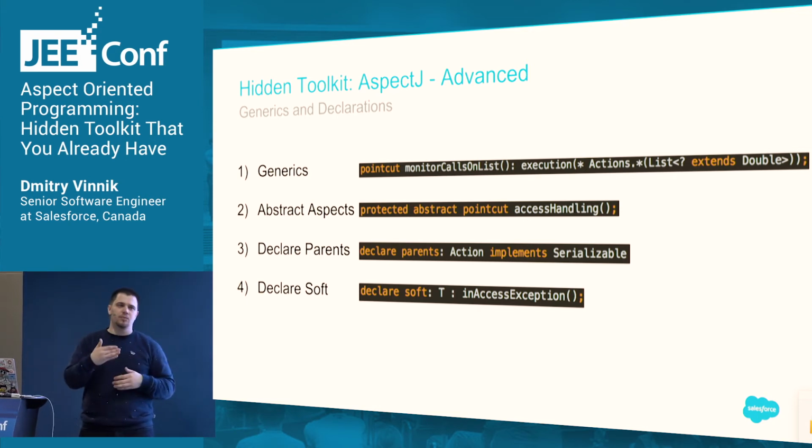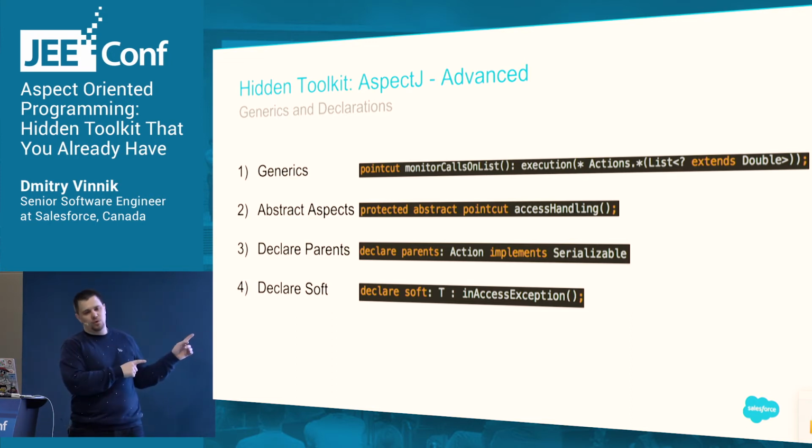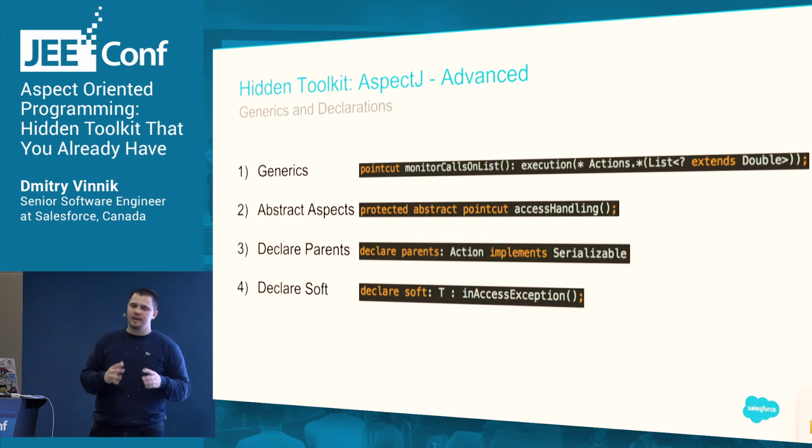Declaring parents is slightly more complicated. Again, it's part of the inner types and aspects topic. I'm not going to cover that as much, but the one I want to mention for sure is declare soft. That's actually quite neat. Imagine a case where you generally have an exception of some sort, like a custom security exception. The way you usually handle it in production code is you always have a try-catch, you log it, and then you proceed with the exception.